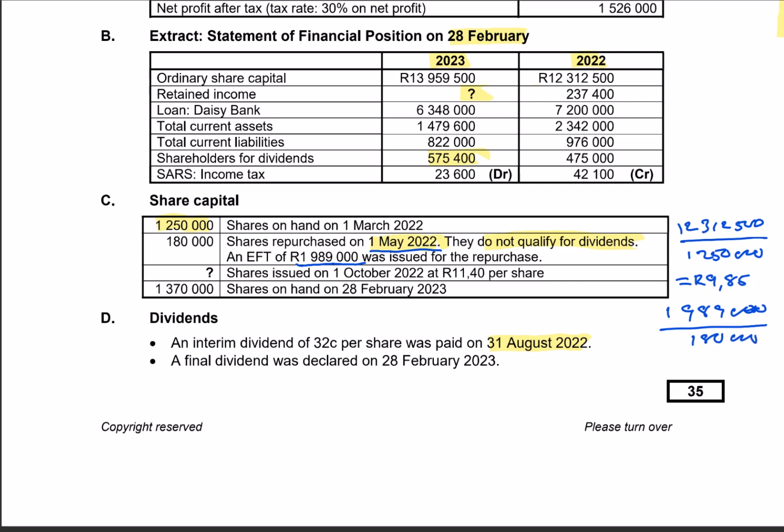So for us to get the repurchase price per share, that's 1,989,000 divided by 180,000. Right, this will give you a repurchase price per share of 11 rand and 5 cents.